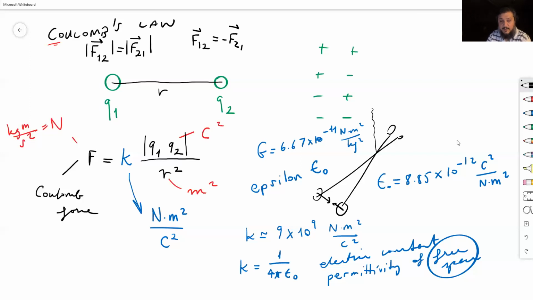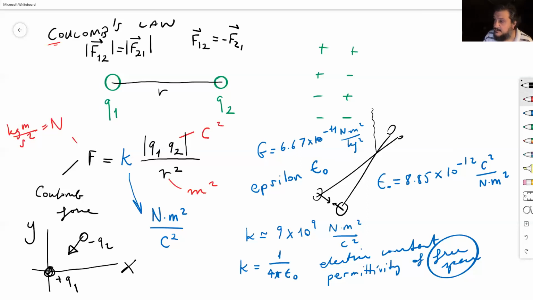Like you can take your x, y axis here, x, y. You can put a positive charge here, and then you can put a negative charge. Okay, so you can find the force on this negative charge, and you can express it in terms of your unit vectors.